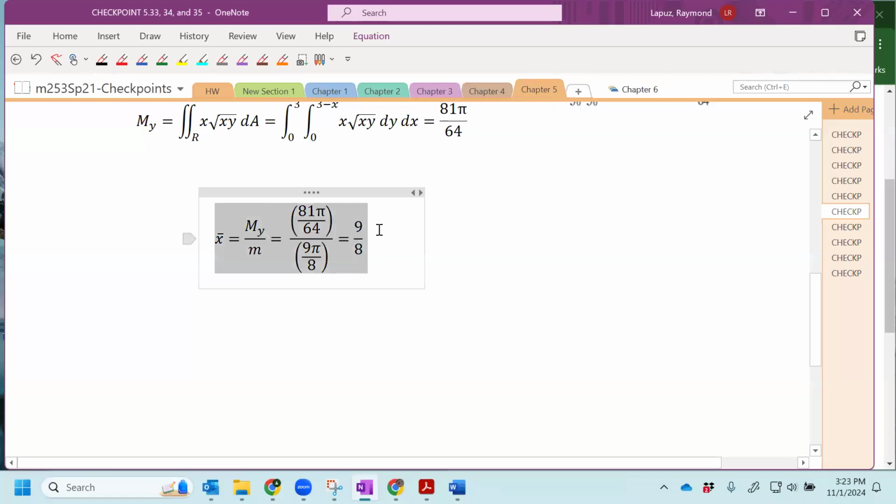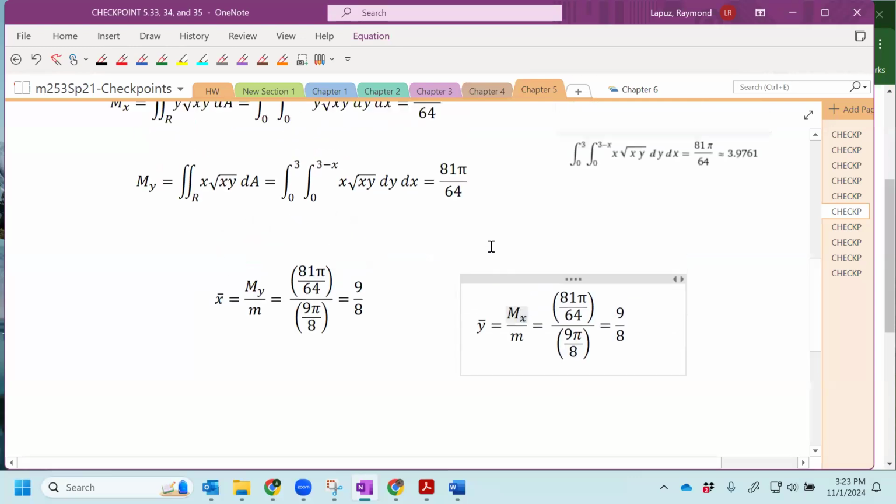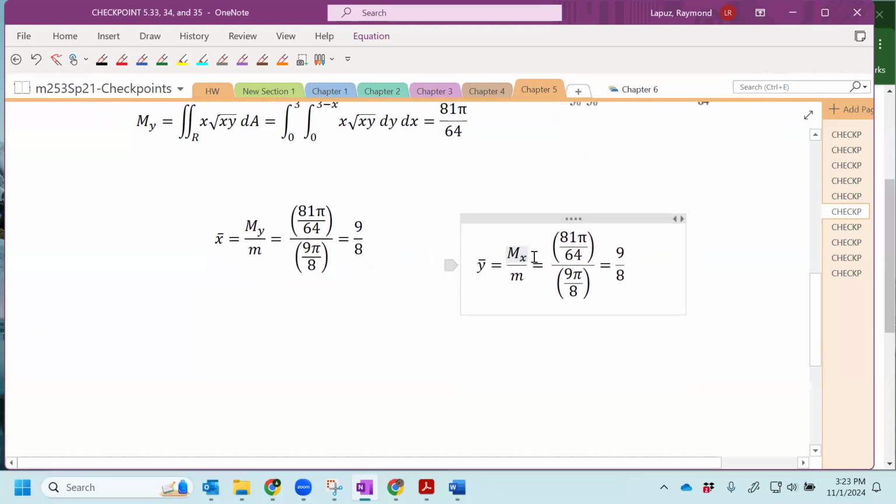It looks like y bar is going to be similar. Not similar, it'll be exactly the same. Let's copy this and label this as y bar. So y bar is M sub x this time, which happens to be also 81 pi over 64.